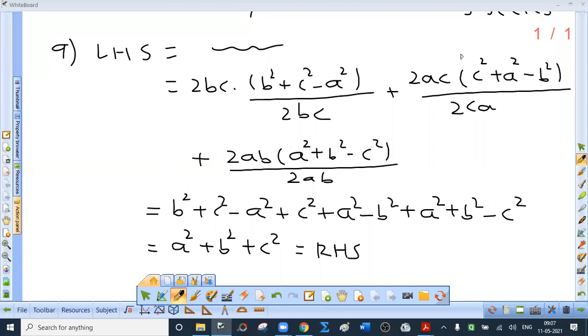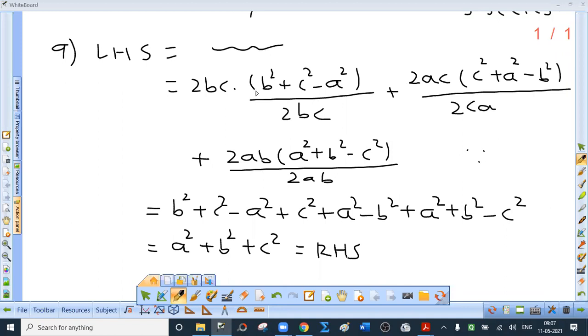Sum number 9, with the usual notations, prove that 2 in bracket BC cos A plus AC cos B plus AB cos C is A square plus B square plus C square. We begin with LHS. Open the brackets. Now use cosine rule. It is better if you write the reason here, cosine rule.